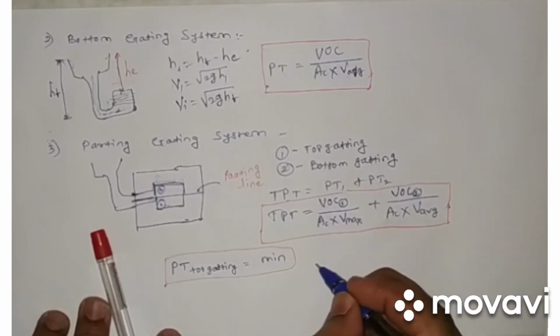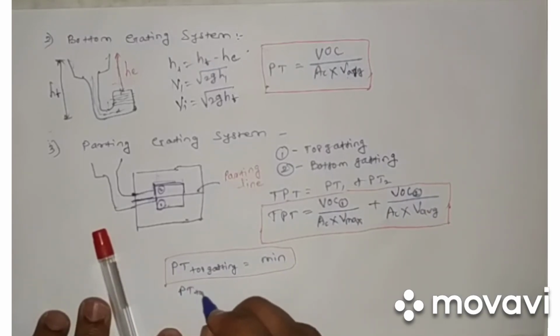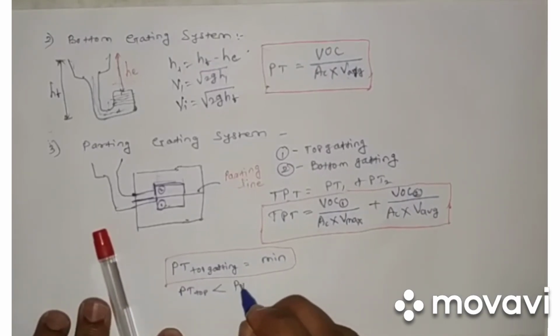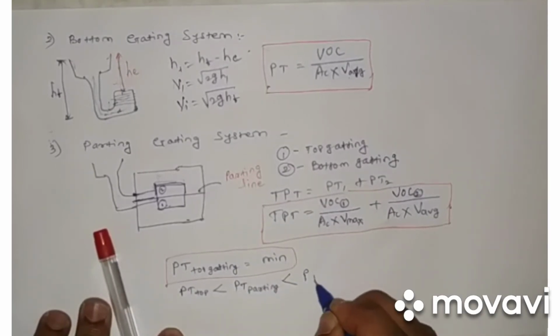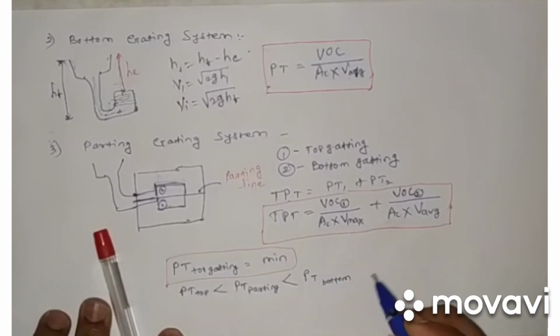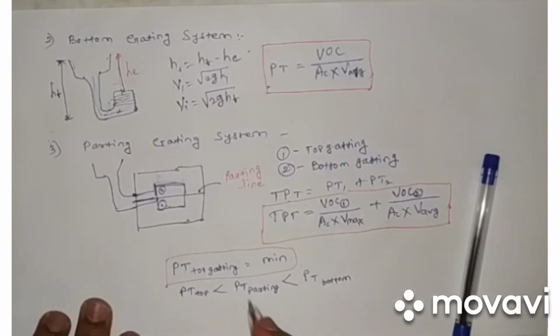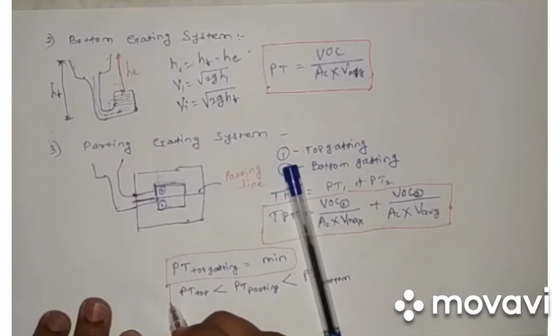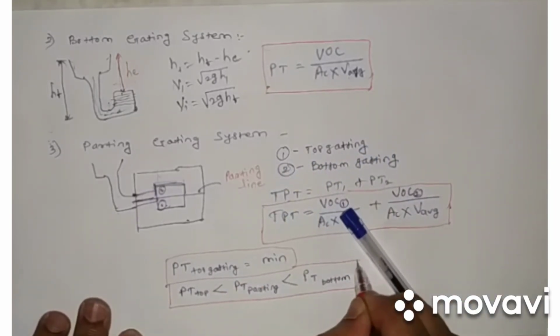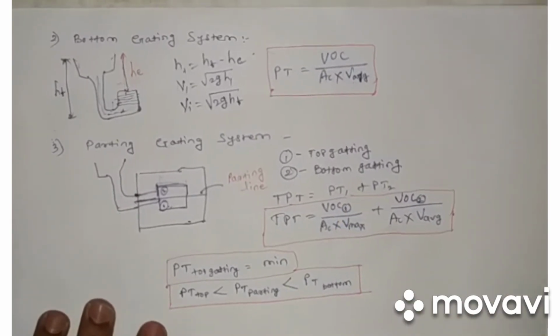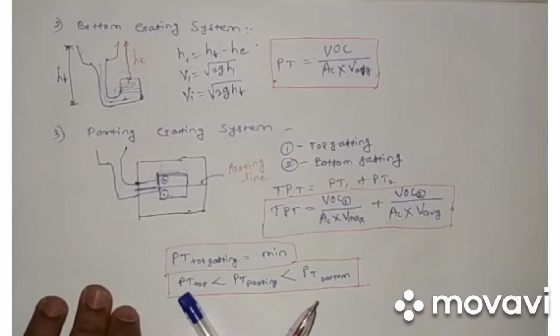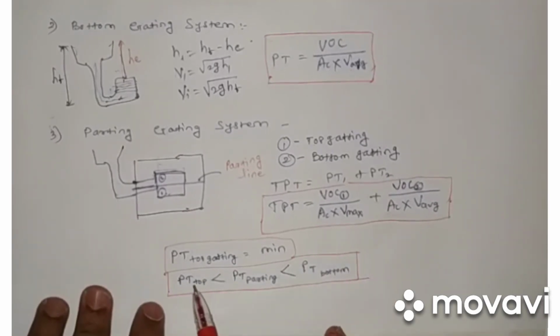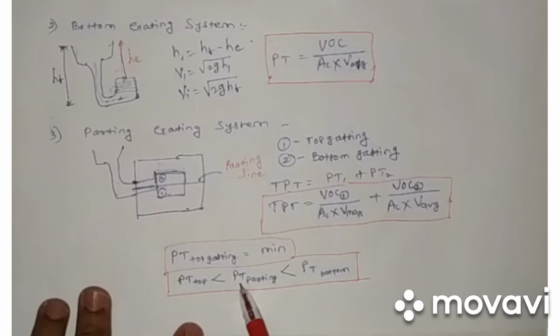So we can write PT top is lowest, then PT parting, and then PT bottom will require the maximum time to fill. So we will require the minimum pouring time in the case of the top gating system, then an intermediate time for the parting gating system, and maximum time in the case of the bottom gating system.